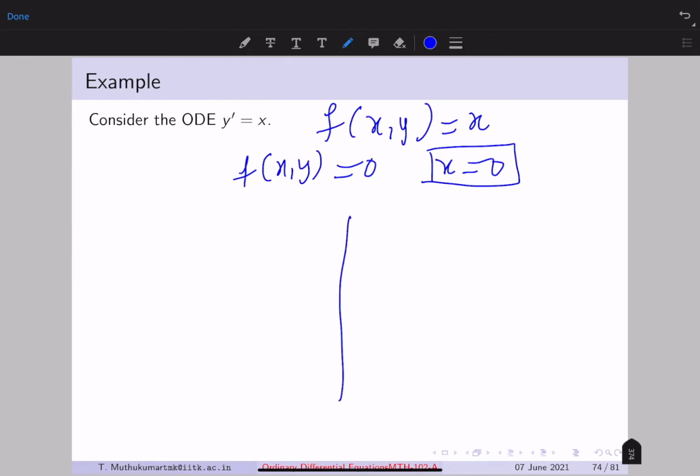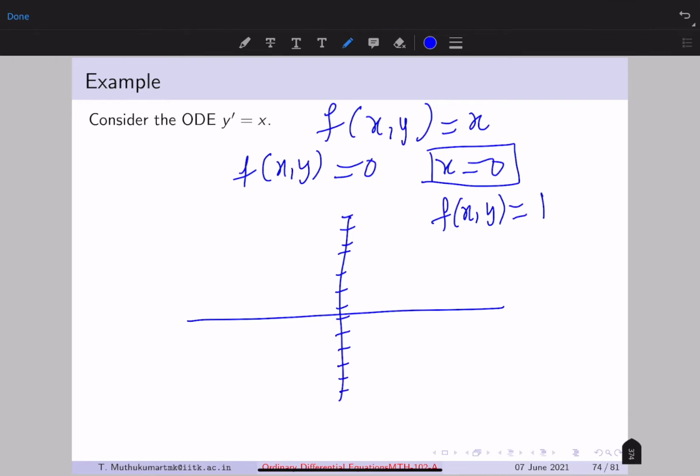So if you plot the R2, x is 0 here, so on the y-axis you have the slope to be 0, which means you draw small line segments like this on the entire y-axis.